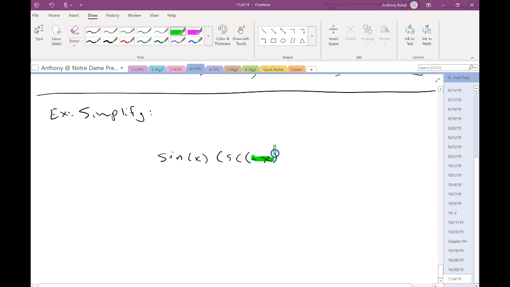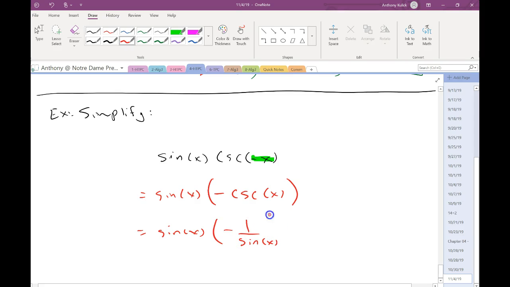Yeah, so I can use my odd-even identity to rewrite that as negative cosecant of x. And then, as Allison suggested, we can rewrite cosecant as 1 over sine x.